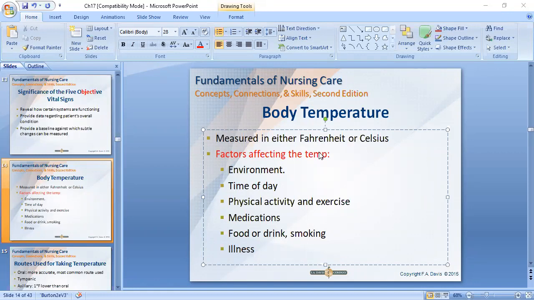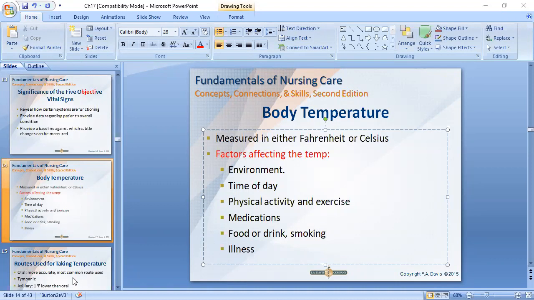Some food or drink: if you take hot coffee, and then the healthcare provider measures the temperature from your oral cavity, it will go up. Smoking increases the temperature, and some illness definitely increases the temperature.